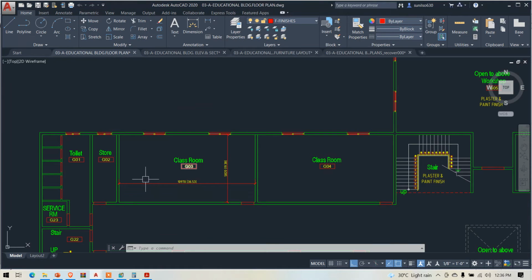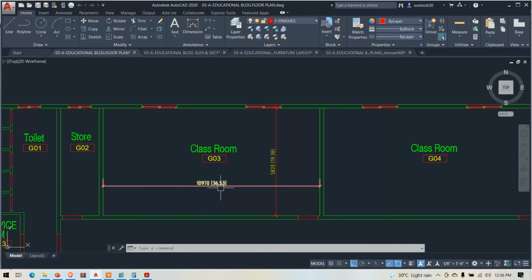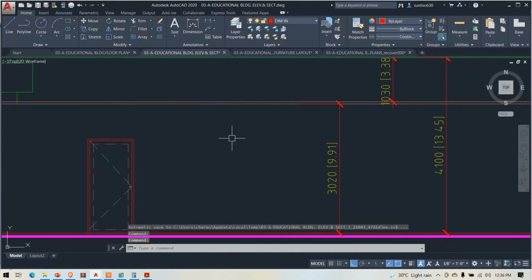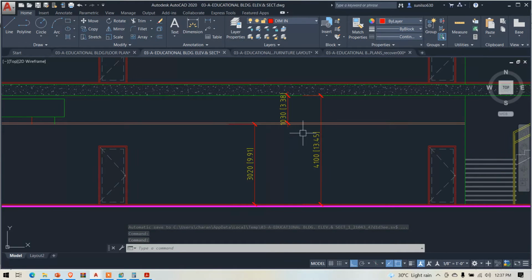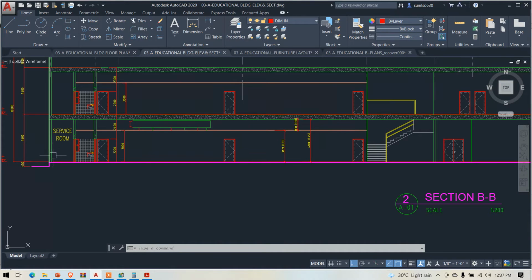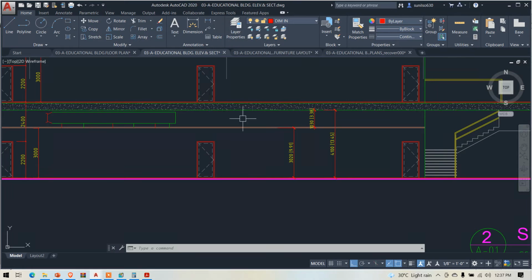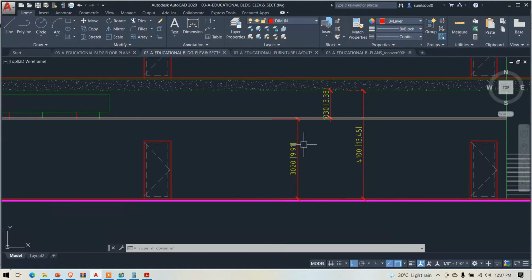For that, we know the length of the wall, which is 36.53, and for the area of the wall we have to consider length into height. The height you get from the elevation. We are not going to consider the height up to the false ceiling level. The height which is exposed to sunlight, that we have to consider up to the slab level. So this is 9.9, let it be considered 10 feet, and this is 3.38, total 13.38 feet of height.